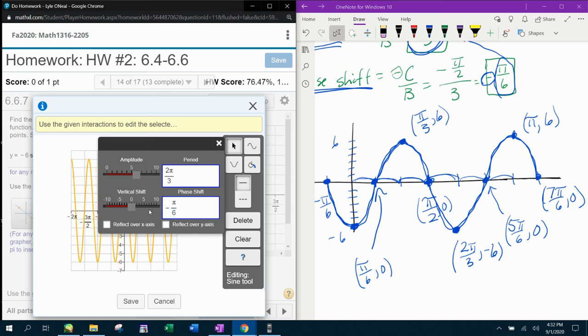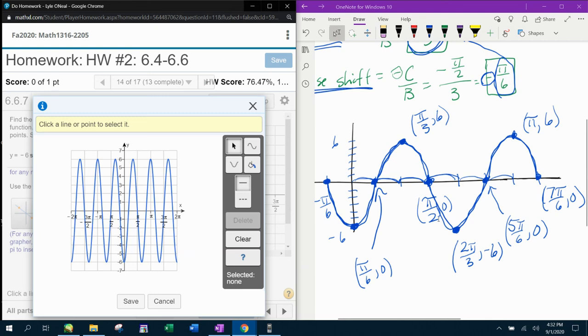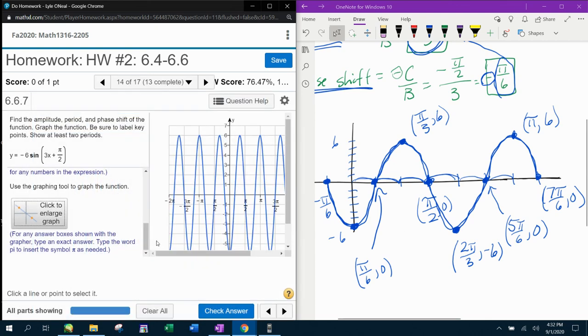Now I would like to point out that the original coefficient of the trig function was negative. Anytime that number out front is negative, that's going to give you a reflection over the x-axis. So I am going to have to check that checkbox. Notice that that makes my graph flip over, and it's now at negative 6 on the y-axis. And so that now verifies what we have over here. Okay, so we feel good about that, I hope.